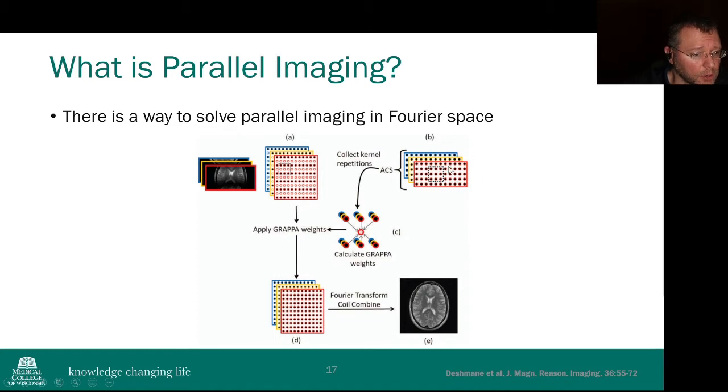You acquire this auto-calibration signal. In other words, you acquire some chunk of data where you aren't skipping lines, and you figure out how to reconstruct, say, this pixel here in the middle of the K-space array. It's some weighted average of those pixels around it, which is actually coming through the Fourier transform of the coil sensitivity map itself.